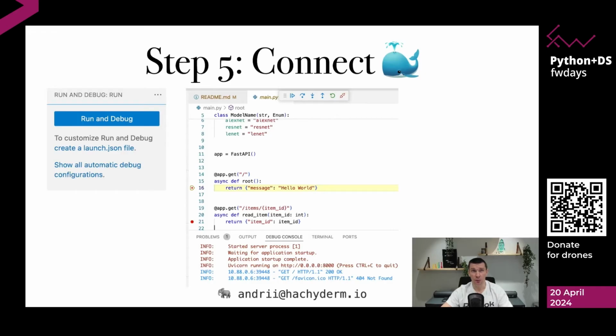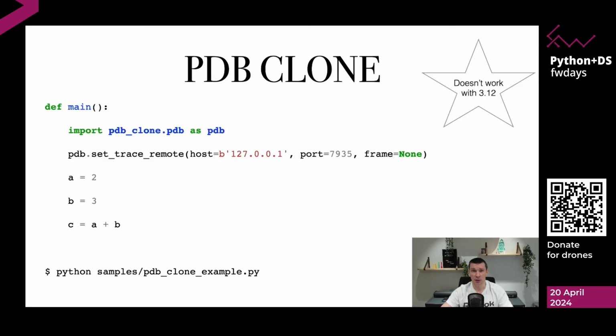If you're not using VS Code, like me, for example, or you prefer more terminal-based debugging, there are a few other approaches to achieve the same task. One of them is using standard PDB, but a slightly patched version, which is named pdb-clone.